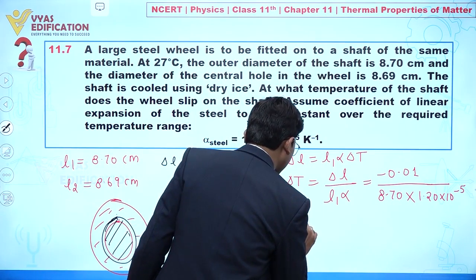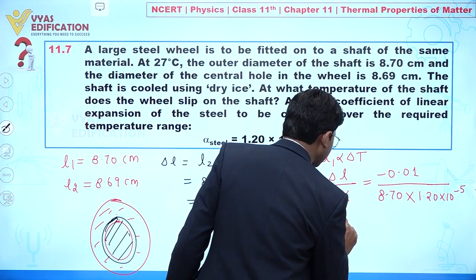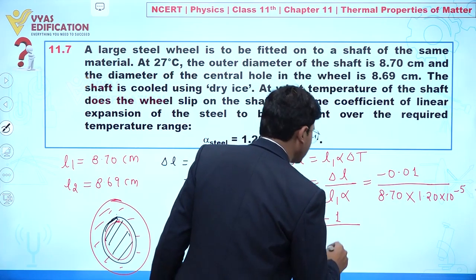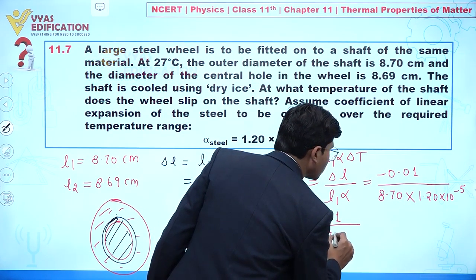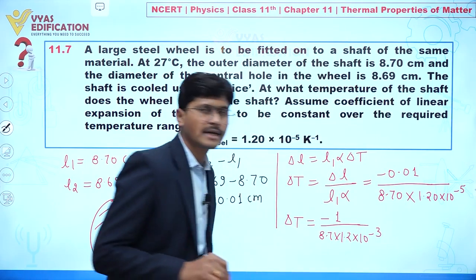So delta T is minus 1 divided by 8.7 into 1.2 into 10 to the power minus 3.